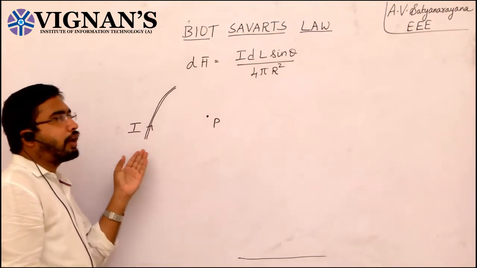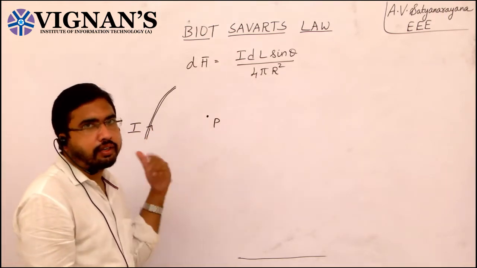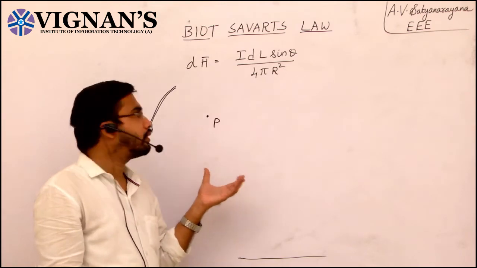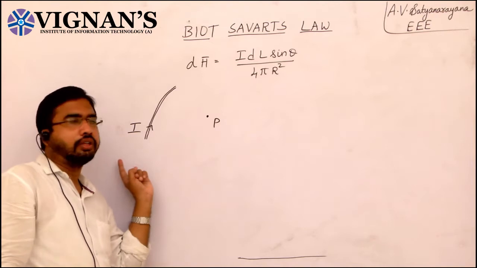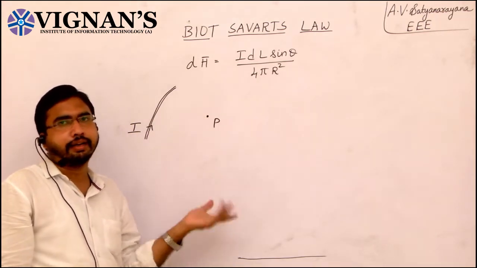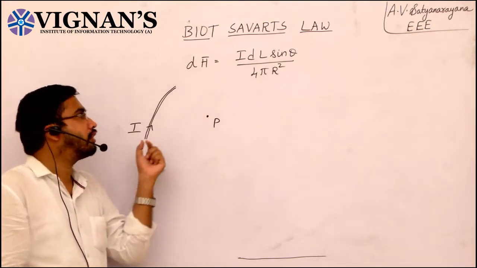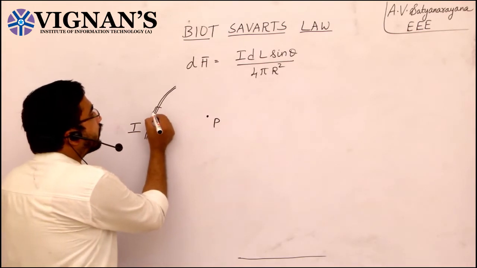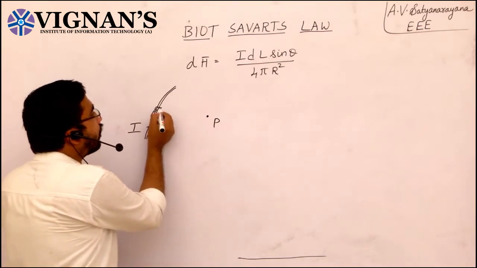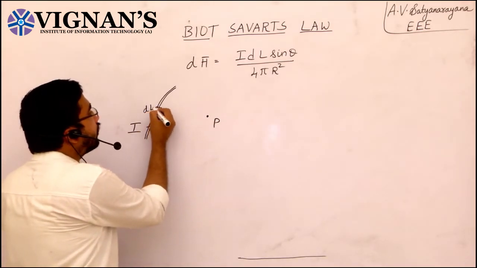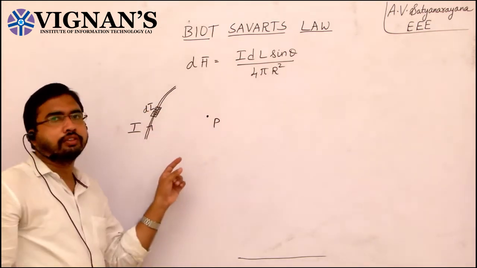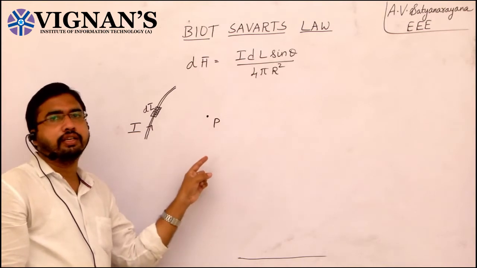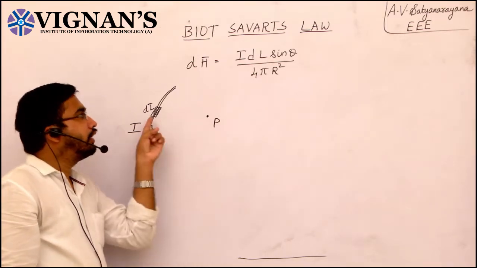From our previous derivations, we can clearly observe that we can't find the intensity due to the whole length of the conductor at a time. First we will consider only a small differential length dl, and we need to calculate the magnetic field intensity we are going to get due to this differential length.